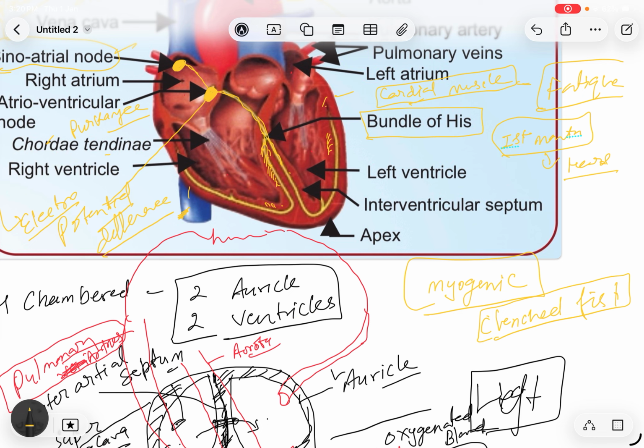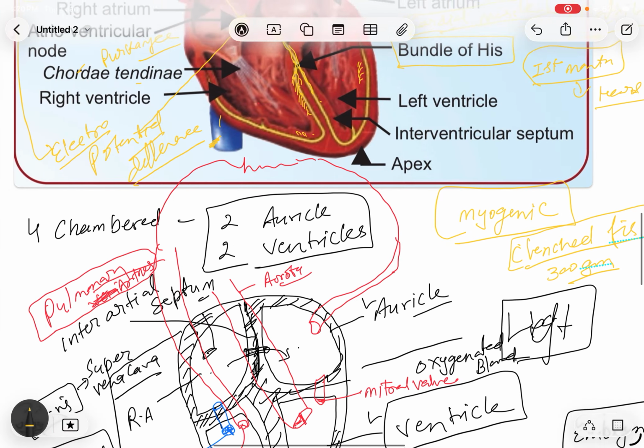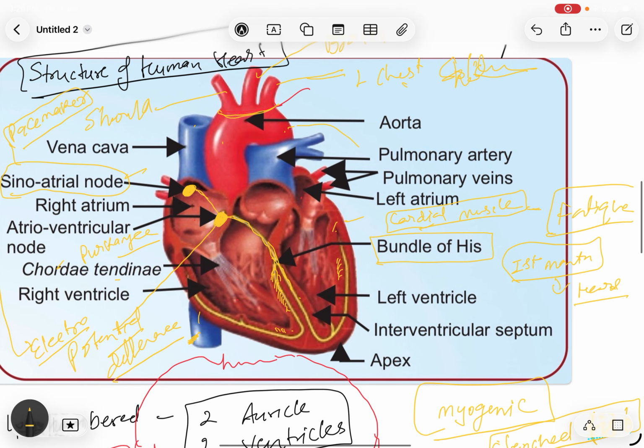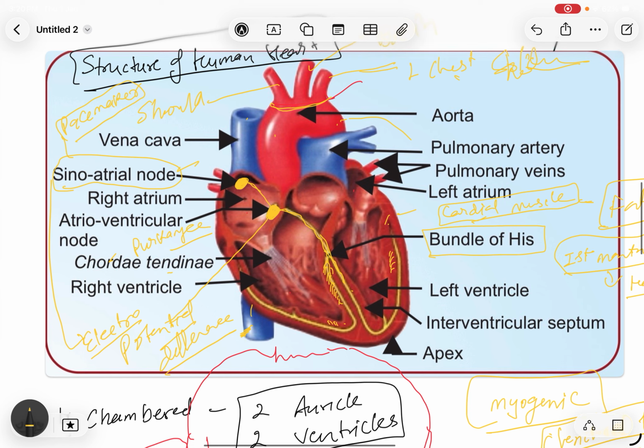That's why, and its weight is 300 grams. Okay, so this is about the structure of the heart. Hope you will understand.